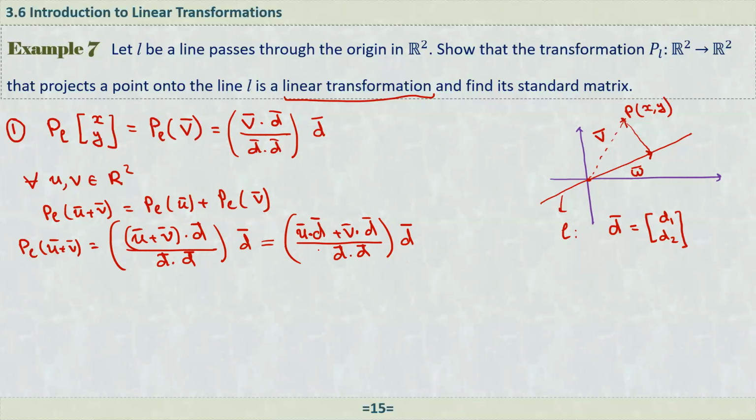Now it's just a fraction, because U dot D is a scalar and V dot D also produces a scalar.